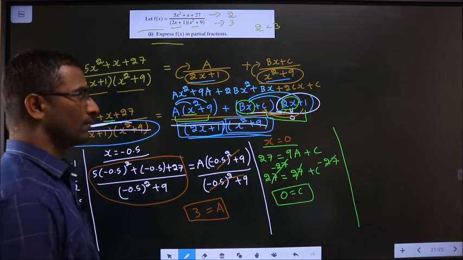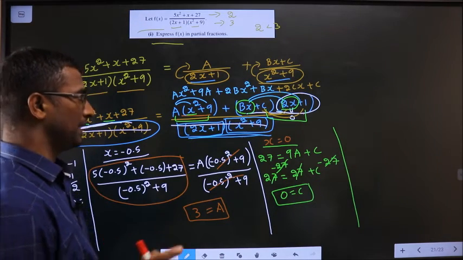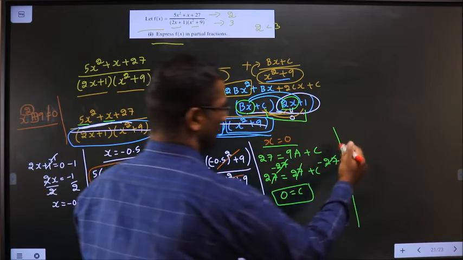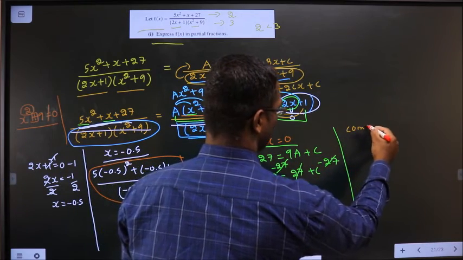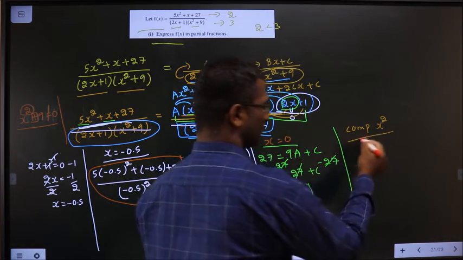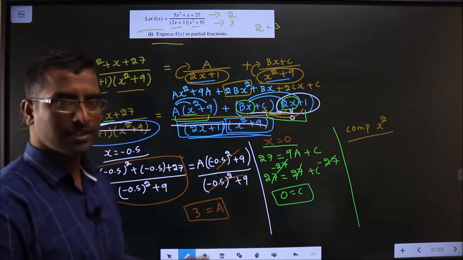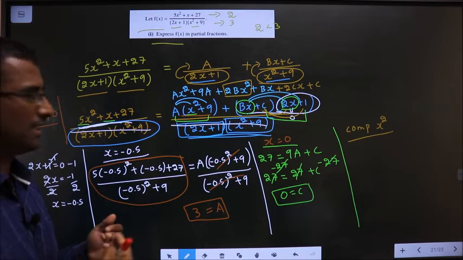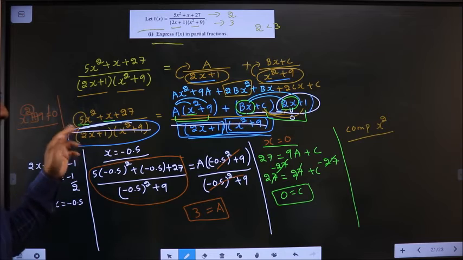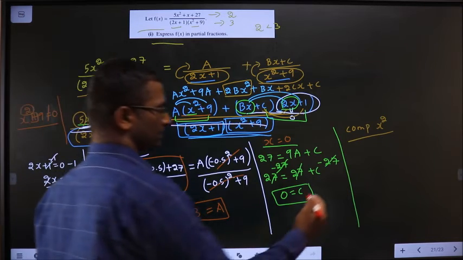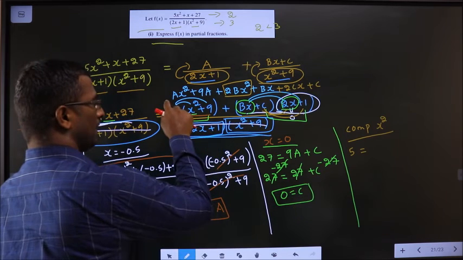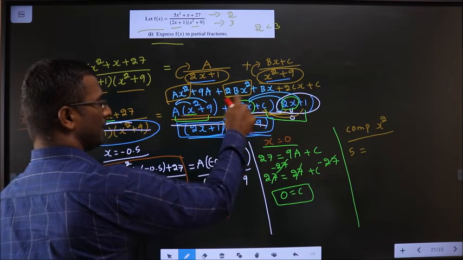Okay, now I should get the value of b. b is a coefficient for x square. Thus, I should compare x square coefficients on both sides. So what is the x square coefficient on this side? Is plus 5. Coefficient of x square is 5. And on the other side, x square you have here and here.